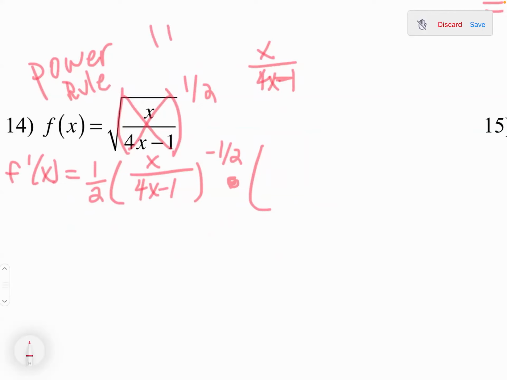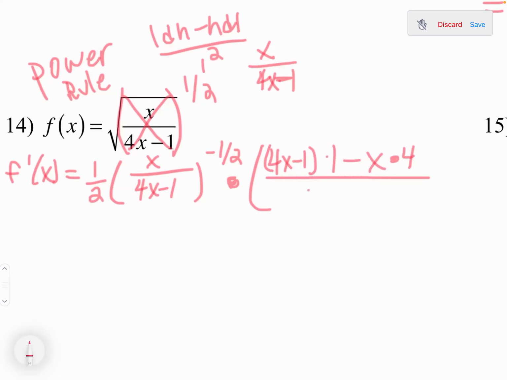So we're looking at low d high minus high d low all over low squared. So low is 4x minus 1. Derivative of x is 1, minus the top is x times the derivative of 4x minus 1, which is just 4, all over 4x minus 1 squared.